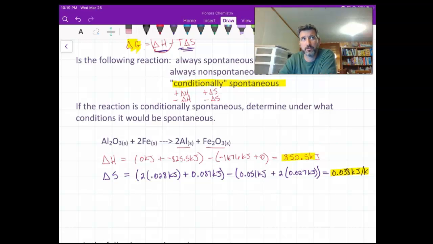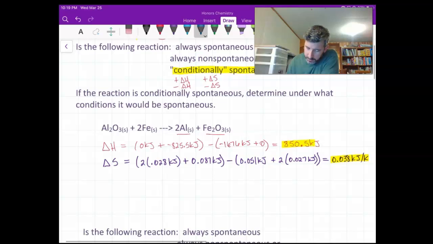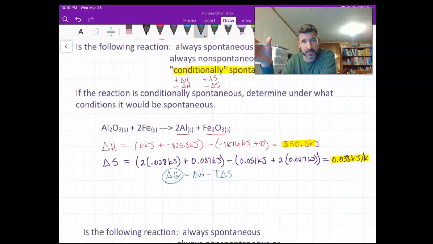If we want to know the threshold between spontaneous and non-spontaneous, that all depends on delta G. So delta G, and I've gotten a bit sloppy up above, so let me rewrite this. Delta G equals delta H minus temperature times delta S. We want delta G to be negative in order for it to be spontaneous, positive for it to be non-spontaneous.